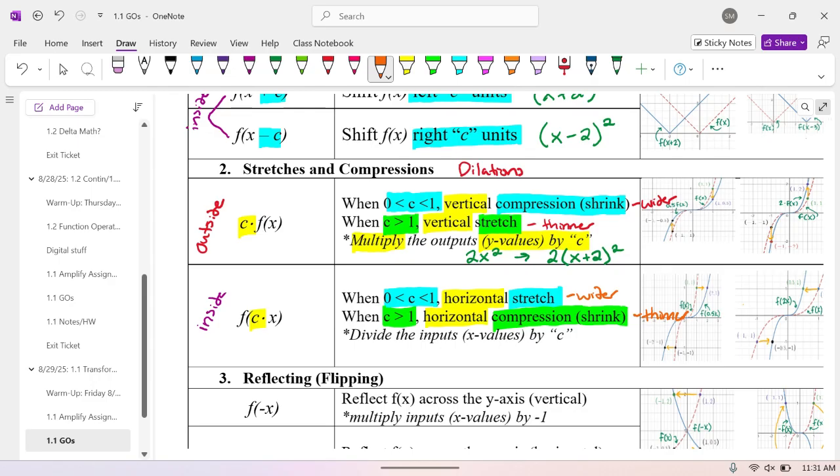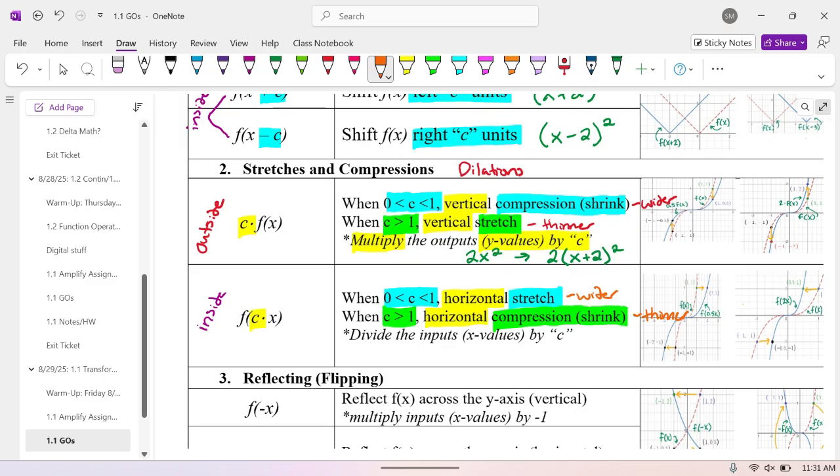Now, you do need to know the difference between the stretch and compression, be able to identify it. So again, if you get confused with that, you mainly need to know that fractions make it wider, whole numbers or bigger numbers than 1 make it thinner.